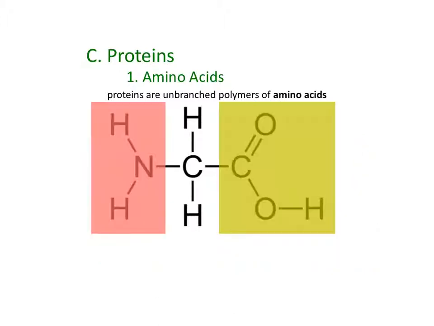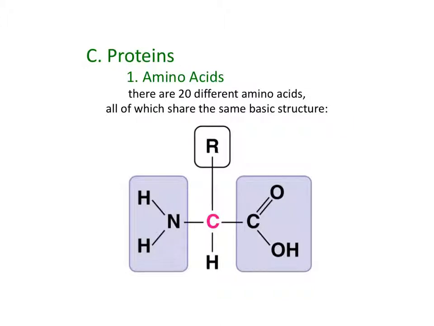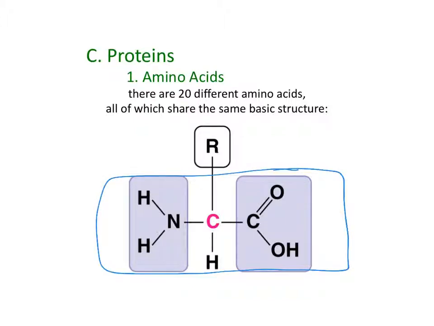So in our body, in almost all animals, we have 20 different amino acids that are found. They all have the same basic structure. So here you've got the backbone of an amino acid with the amino group and the carboxyl group, and then a side chain that is what differentiates each of the amino acids.